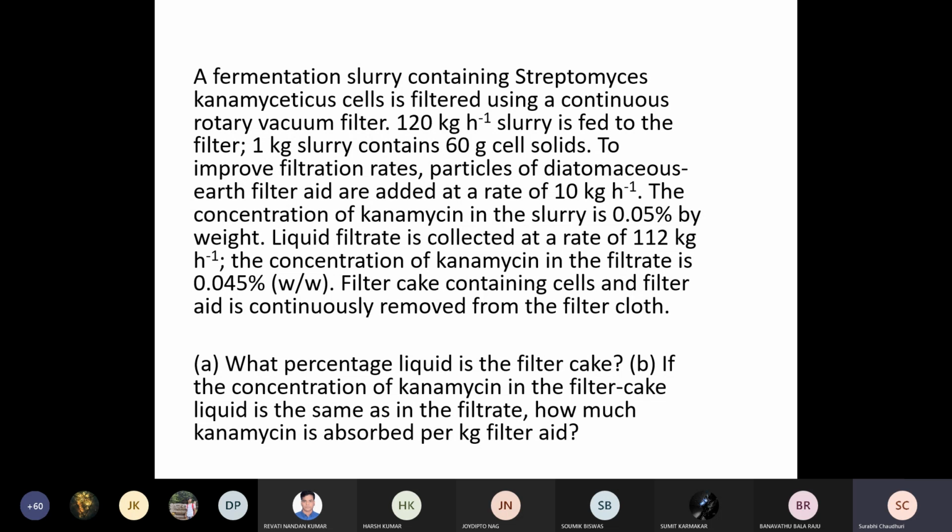Now we need to calculate what percentage liquid is there in the filter cake. When we are doing the filtration, liquid is coming out of the filter, the solid will be deposited. That solid we are calling as filter cake. And it will have some amount of water. So what is the percentage?